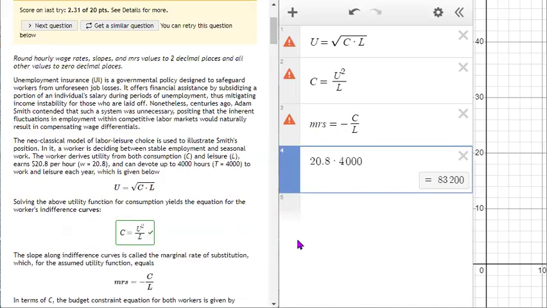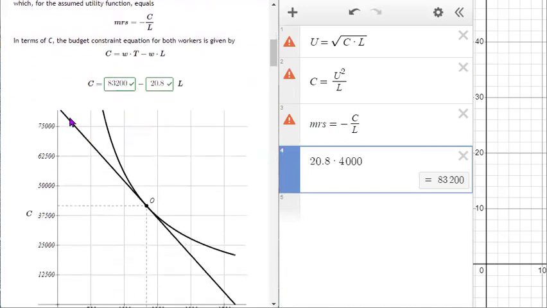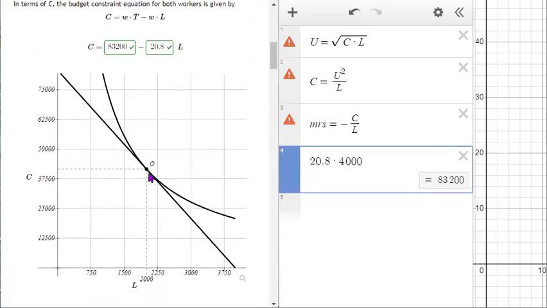Now, when I hit enter, that produces this budget line here, and we have the familiar optimal solution. The indifference curve touches this budget line at one and only one point, this dot. And we label it O for original optimal solution.